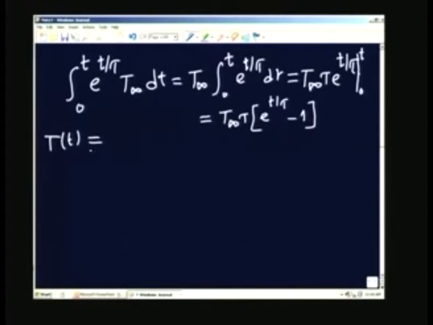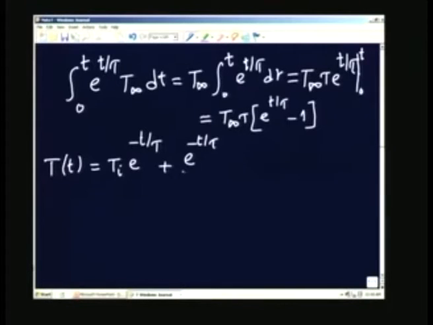So, if I put it back into the general solution of the problem, T as a function of time, I have T I e to the power of minus t by tau, plus e to the power of minus t by tau divided by tau multiplied by that integral.